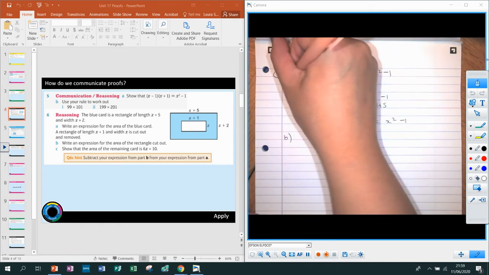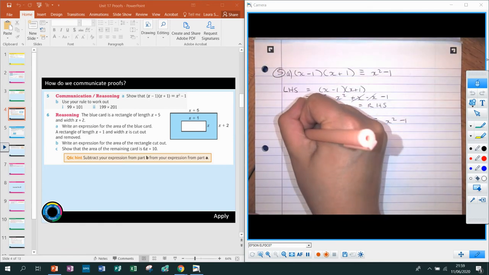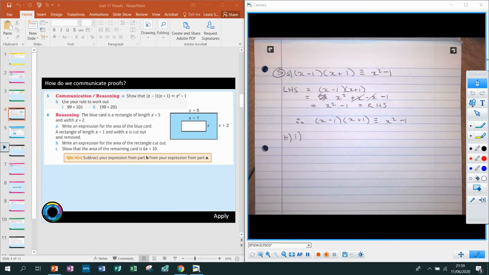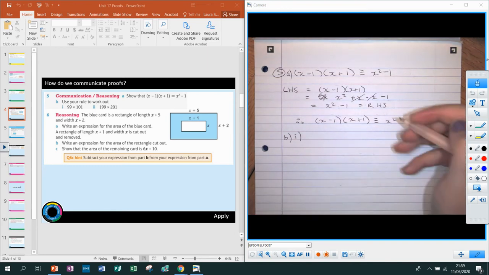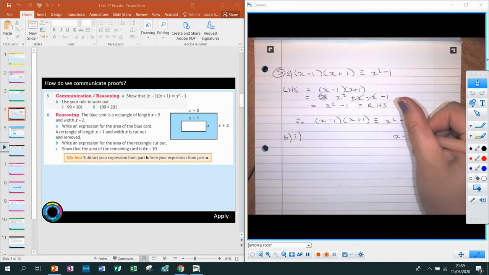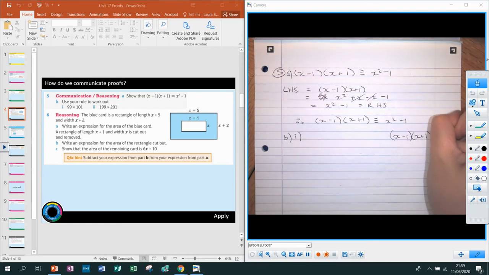Part B, part I first, says use your rule to work out 99 times 101. Well, that's interesting. So let's take a look at this concept of x minus 1 and x plus 1. Well, if that's the 99, and that's the 101, then what must x be?